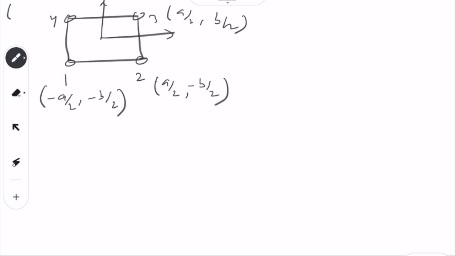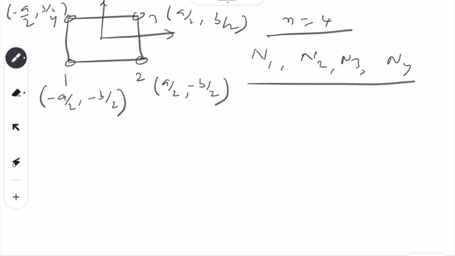Point 4 is at minus A over 2, B over 2. Okay. If that is the case, then n becomes equal to 4, and n1, n2, n3, n4 we have derived in the last lecture video.